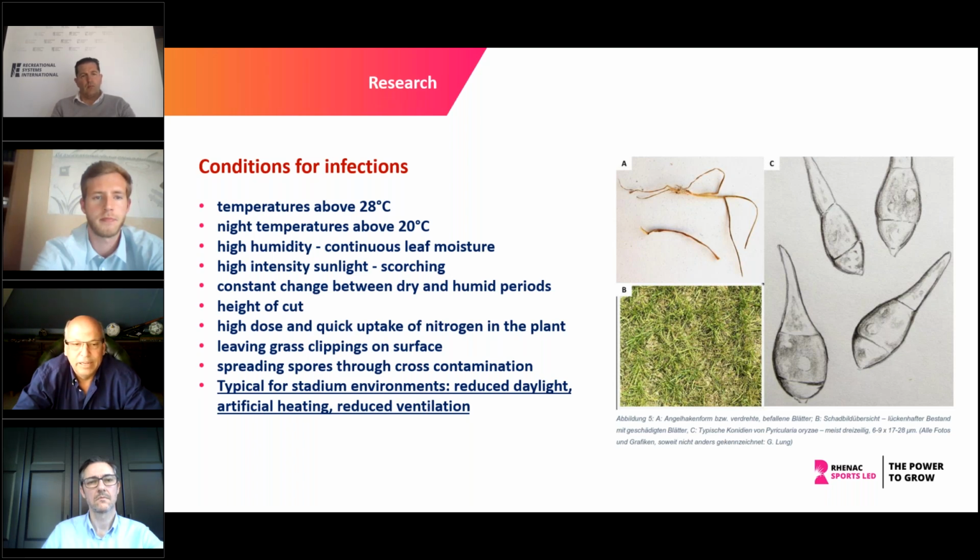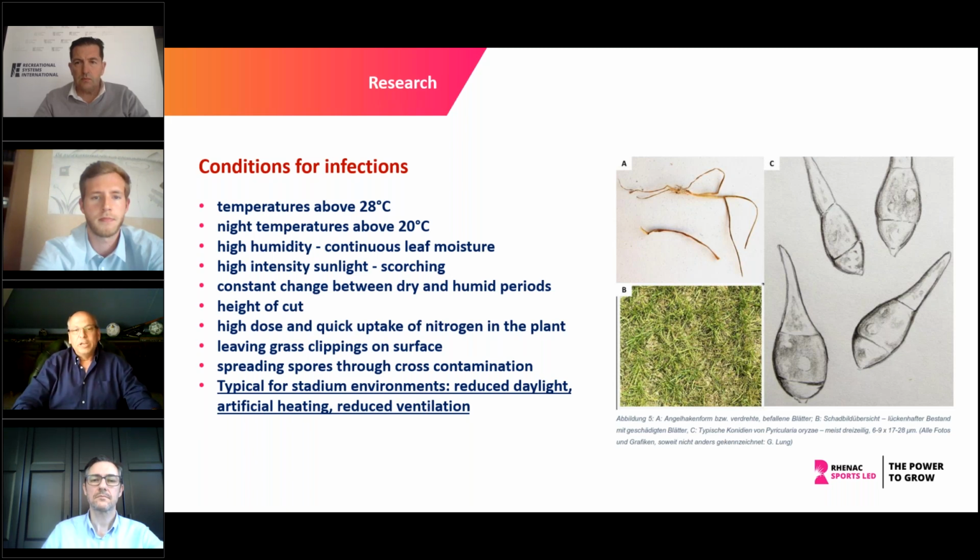If they play and train on the training ground and the boots are not cleaned before they enter the stadium, then this is typically the way it's migrating. Greenkeepers often have the same problems. If diseases that are predominantly available in the US come over to Europe, that often goes through the players themselves. They didn't bring clean boots, and they actually bring the spores with them when they come over.